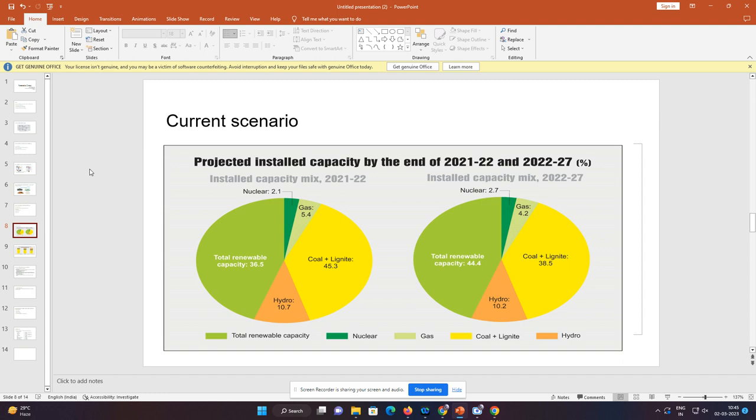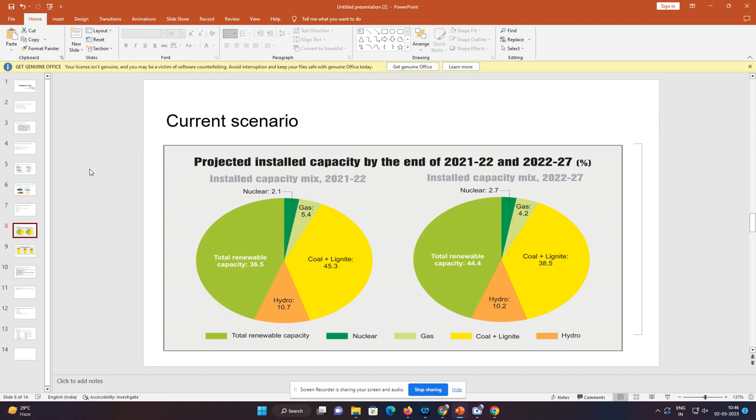In the first scenario, India's current capacity addition target has been analyzed to match the Indian targets. It has been observed that even with 1 lakh 25,000 megawatts of installed capacity of renewable energy sources, that is, 1 lakh megawatts added during 2017 to 2022, it means 25,000 megawatts during 2022 to 2027, as well as the committed capacity addition from hydro and nuclear, the targets are very easily achieved.